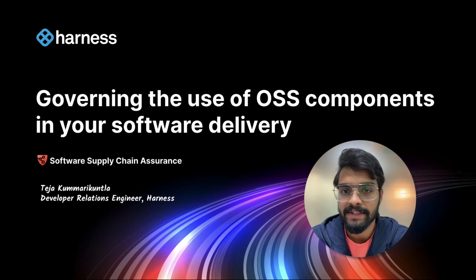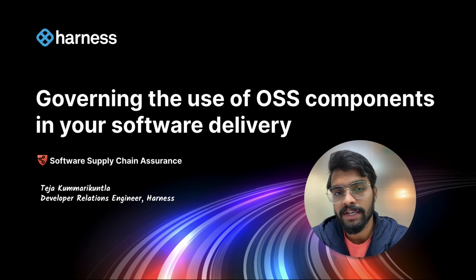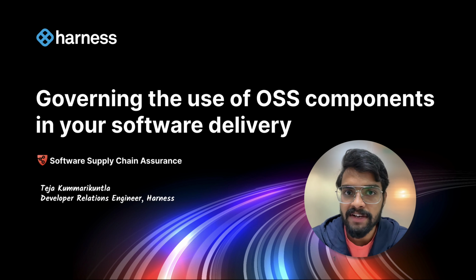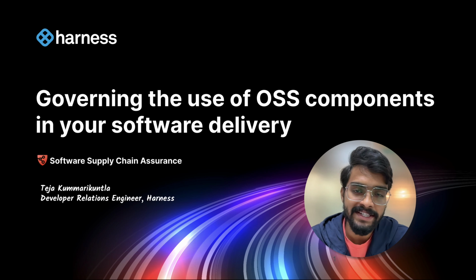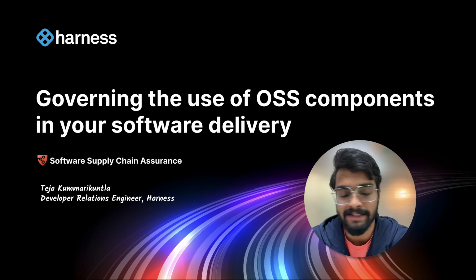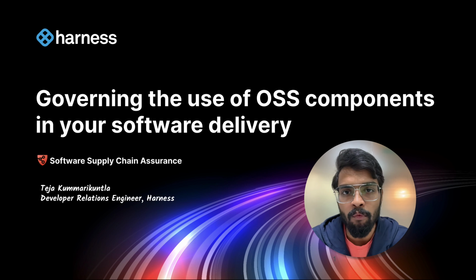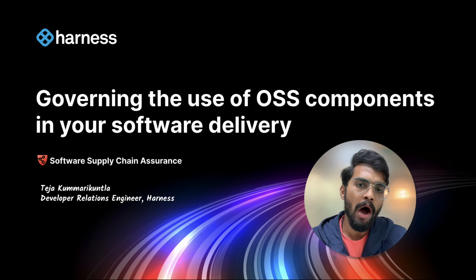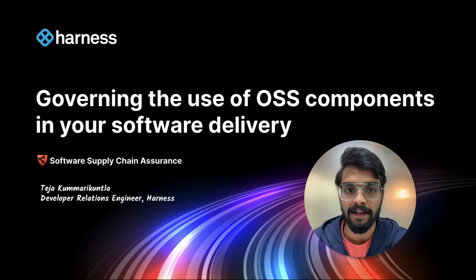What I mean by governance is your software would utilize a lot of open source components, and when it comes to the usage of open source, you would definitely want to avoid using certain libraries or specific versions of those libraries that could be malicious, or they could just be against your organization policies or legal compliance, etc. And similarly with the licenses, you would definitely want to avoid a certain list of licenses that could put you in trouble. And now, how can you bring governance over this whole process, especially at large scale?